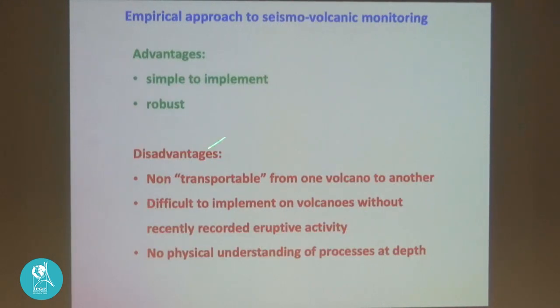If I speak about this empirical approach, it has very clear advantages. It's very simple to implement because it doesn't need any complex modeling for interpretation. So when it works, it's robust, but there are also many disadvantages. An empirical description obtained on one volcano is rarely transportable to another volcano.